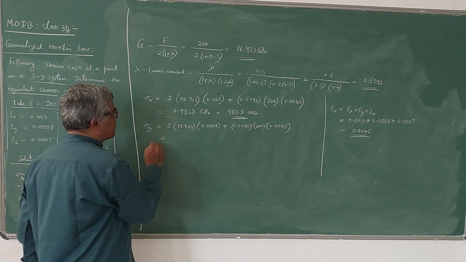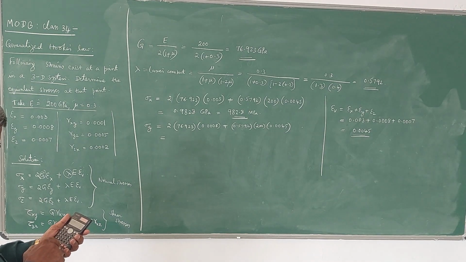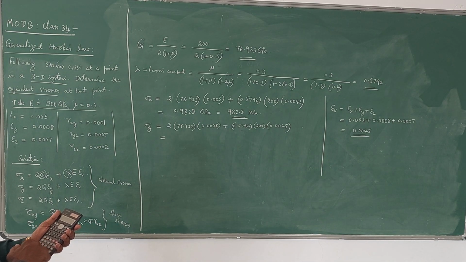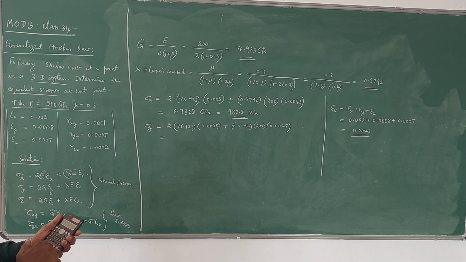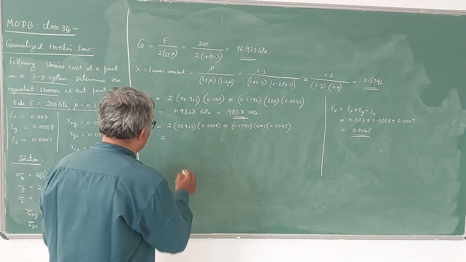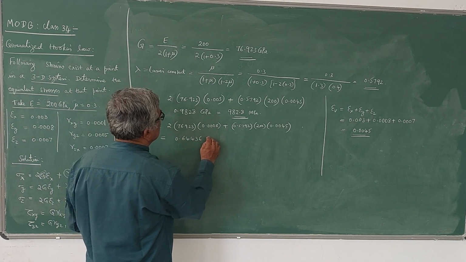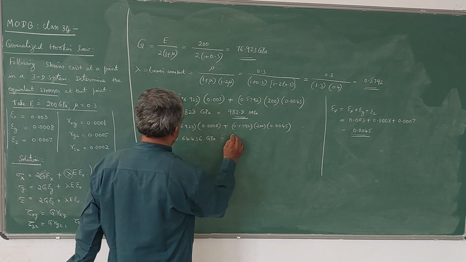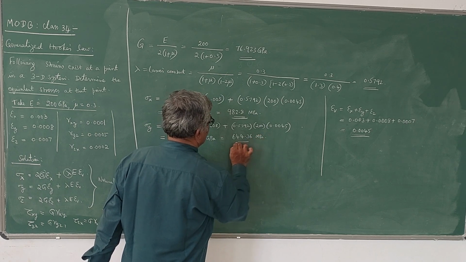Now if you simplify this, it is 2 into 76.923 into 0.308 plus 0.5792 into 200 into 0.0045. So the value is 0.64436 GPa, or we can call it 644.36 MPa. This is the stress.